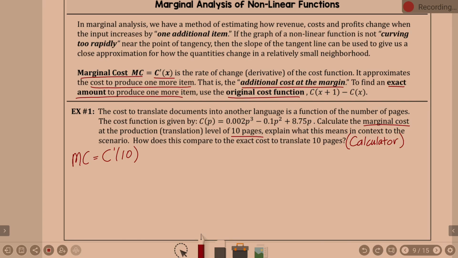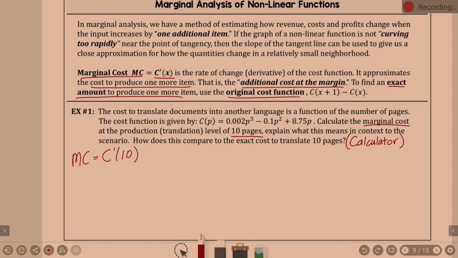You could, because we do have another piece of this that we're going to talk about. 0.002 x to the third minus 0.1 x squared plus 8.75x.